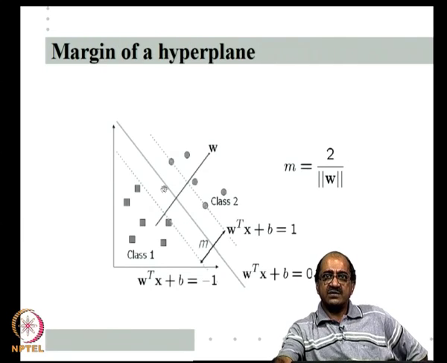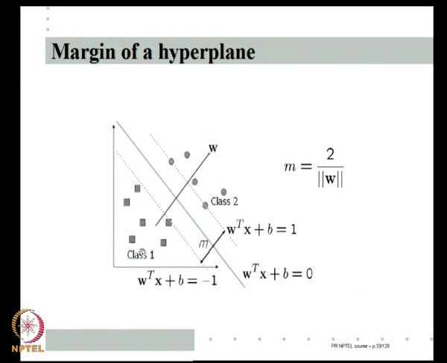So, let us look at what this means. This is the W transpose x plus b is equal to 0 hyperplane. The hyperplanes W transpose x plus b is equal to plus 1 and minus 1 are on either side of this hyperplane, because they will be parallel, just the hyperplane moved parallel to itself on either side. What I showed as M here, that is the margin.